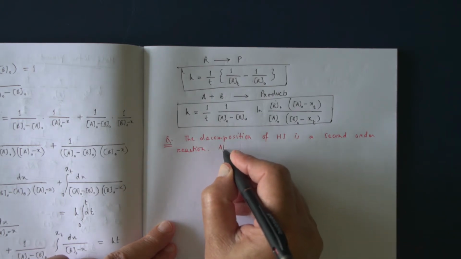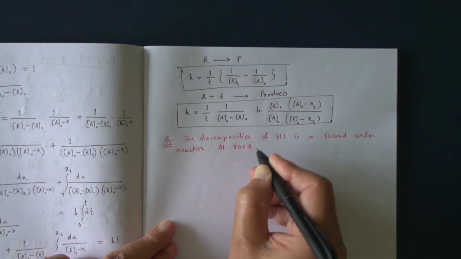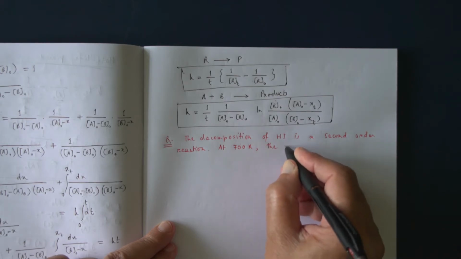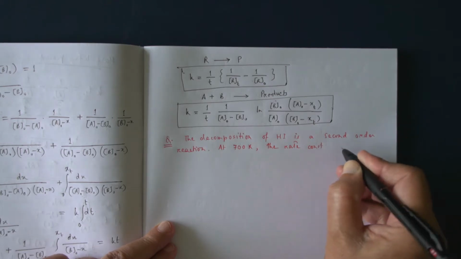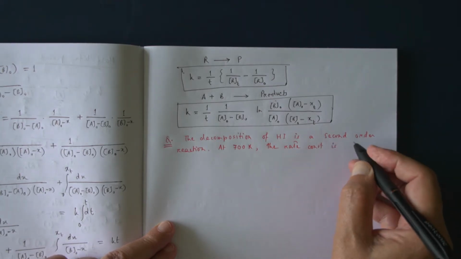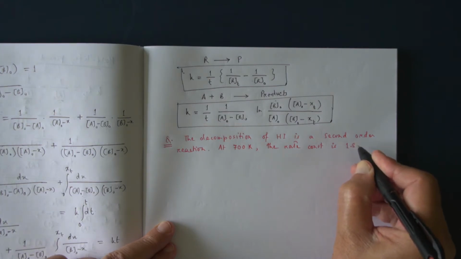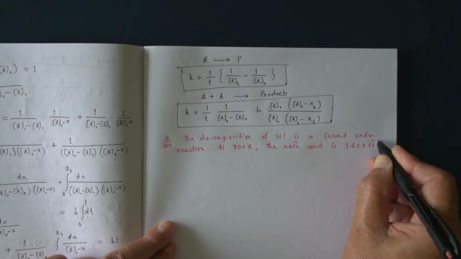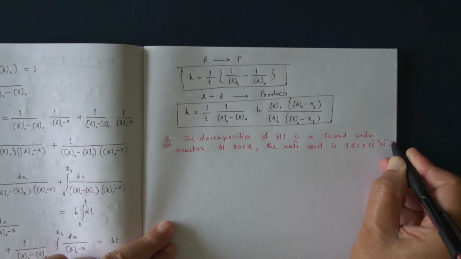At 700 Kelvin, the rate constant of the reaction is 1.83 into 10 to the power minus 3 per mole per second.